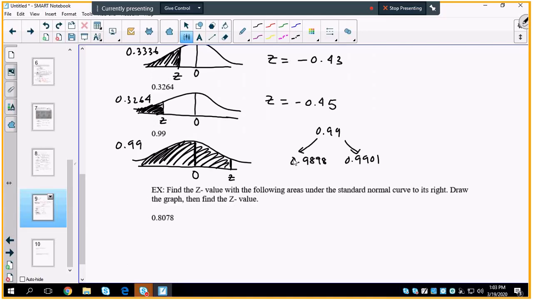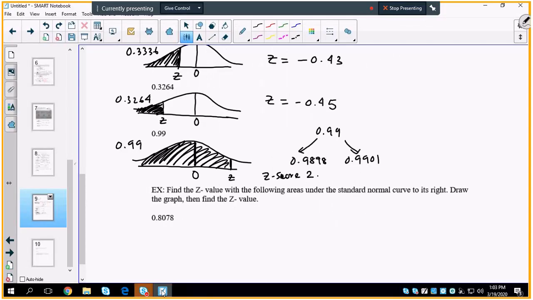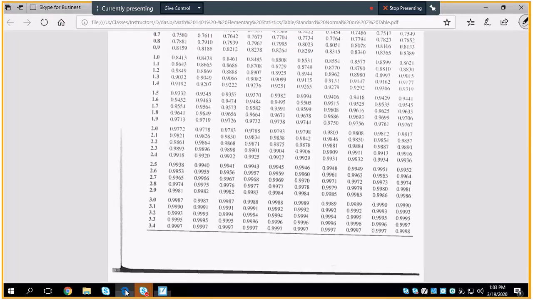If I don't find the value, I need the value immediately to the left and the value immediately to the right. The z-score for the first one, if you remember the row and the column for these data, the row was 2.3 and the column was 2 and 3. Let me check it one more time. So the row is 2.3 and the column is 0, 1, 2.